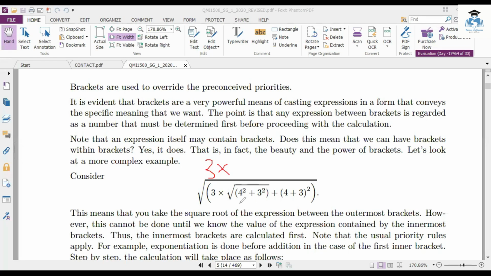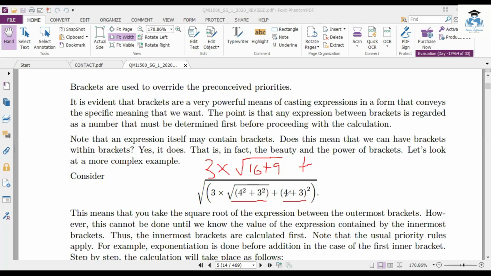Remember, there is another root inside. So you start with this one. So 4 to the power 2, that's 16, plus 3 to the power 2, that's 9. So you start with this, you also go to this one. So here, they are all in this.